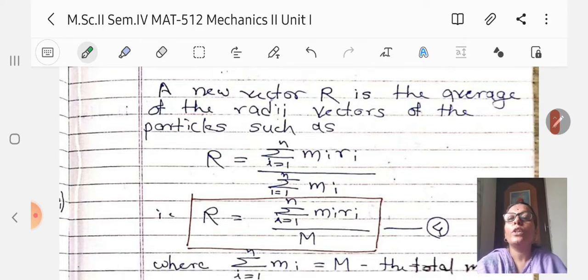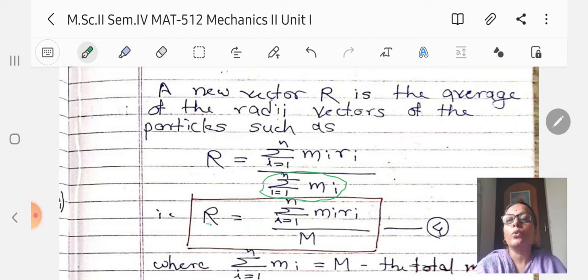Now we take a new vector R, which is the average of the radius vectors of the particles, such that R equals the summation over i from 1 to n of mi ri upon the summation of mi from 1 to n. The addition of masses is nothing but capital M, which is the total mass.